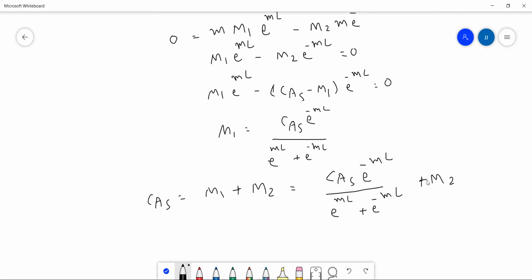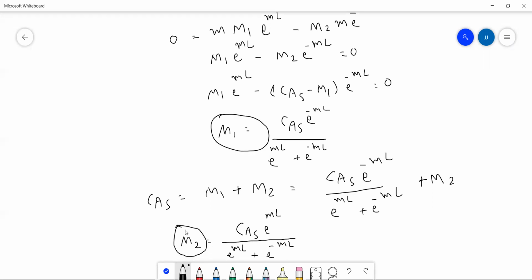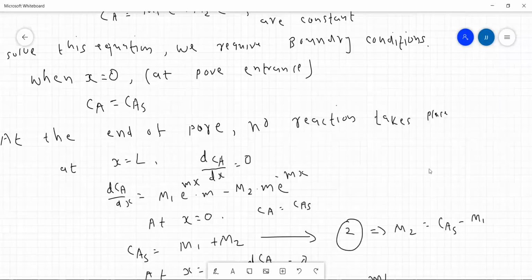So if you solve for m2, then m2 is equal to CAS e raised to ml divided by e raised to ml plus e raised to minus ml. Now we have the values of m1 and m2.